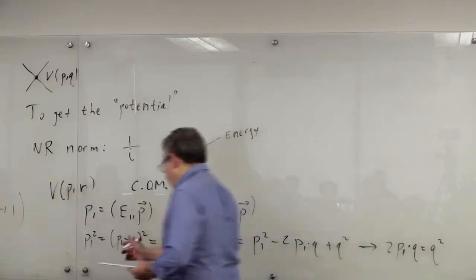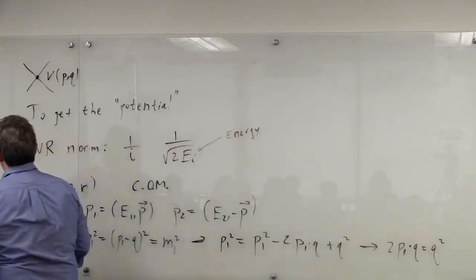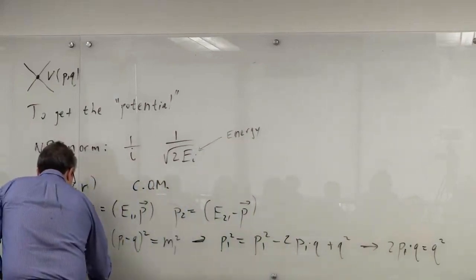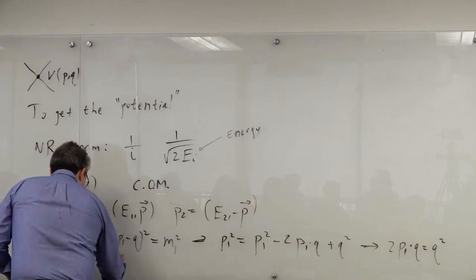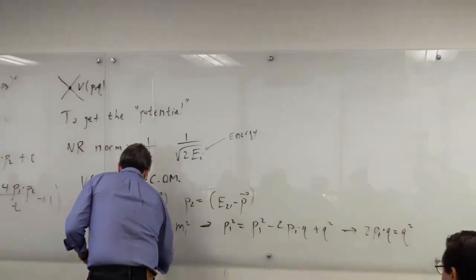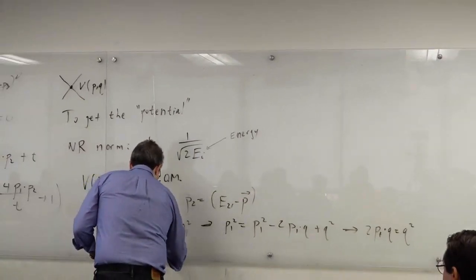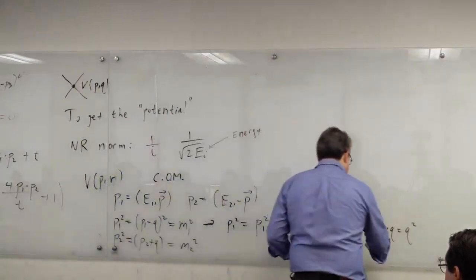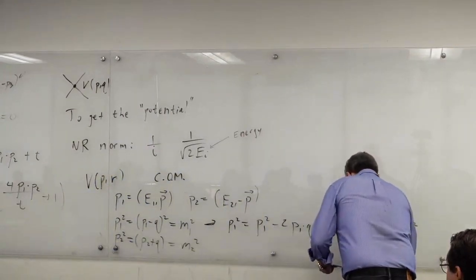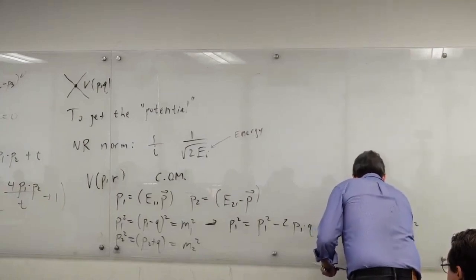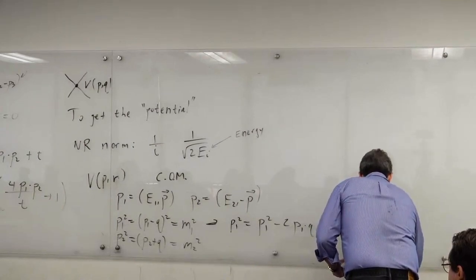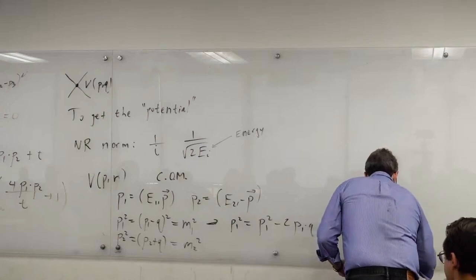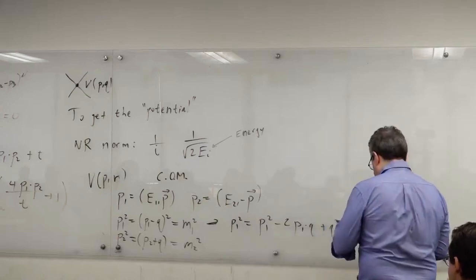Okay, and I can go through the same argument looking now at P2. P2 squared has to be equal to (P2 plus Q) squared, and that's equal to M2 squared. I go through the same thing, and I get that 2 P2 dot Q has to be equal to minus Q squared.